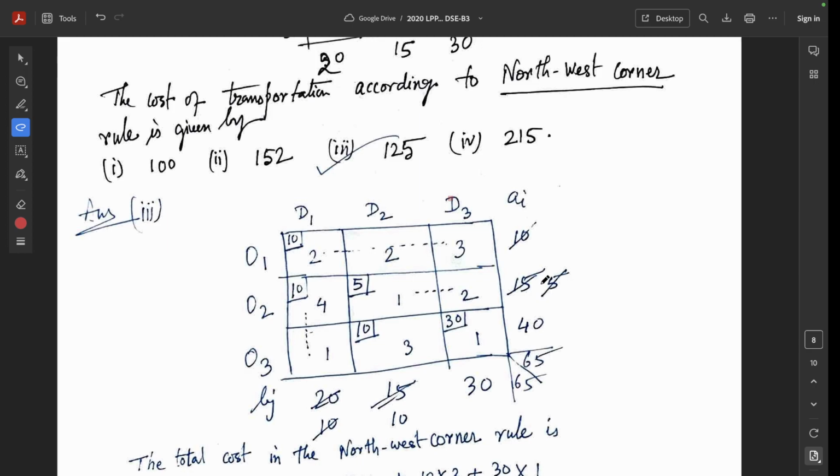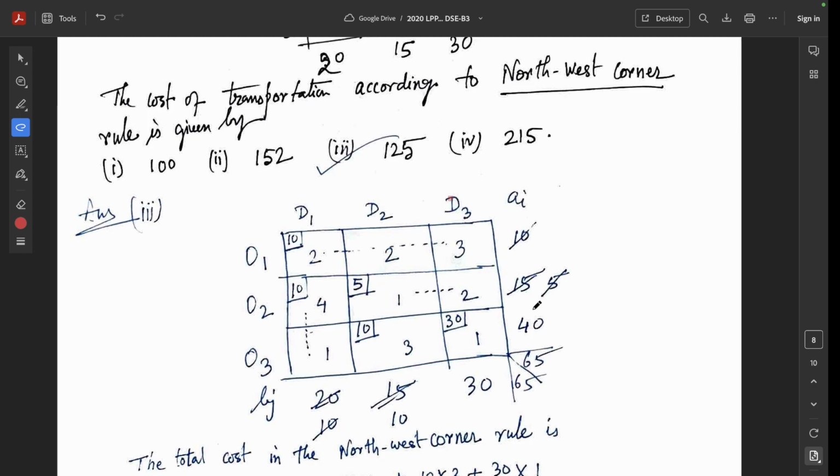Here O2, the availability, is 5 units, and O3 is 40 units, and the demand D2 is 10, and demand D3 is 30. Now the minimum of 5 and 10 is 5, so we allocate 5 in cell 2 2.